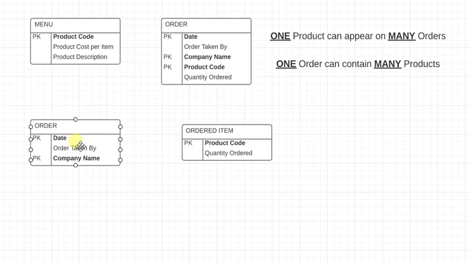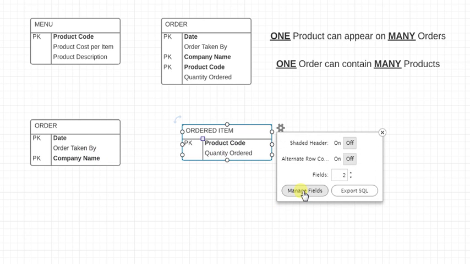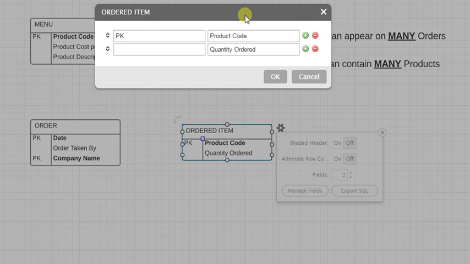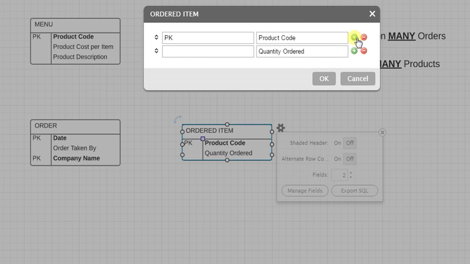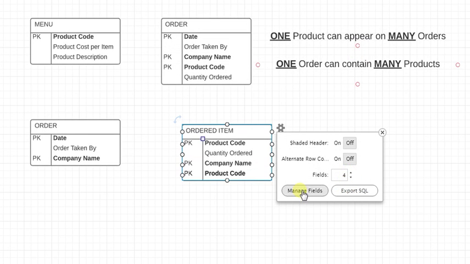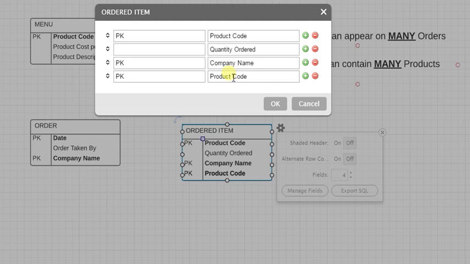So it looks as though I'm going to have to get rid of this composite key, otherwise I'm going to have them in here as well. But I could do, let's put them in. So I'm going to have product code, quantity ordered, company name, and let's have dates there.